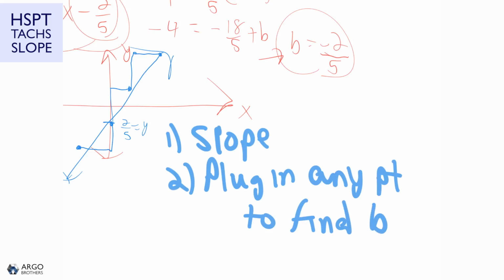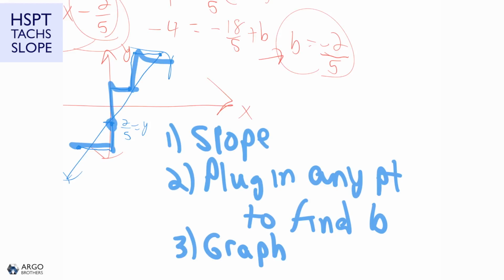After that, just graph. Remember, graph the y-intercept. We put that point, and then do the rise over run, rise over run some amount, and you can do it down too, and then just connect the dots. So it's pretty simple. That's how you find a line given 2 points.